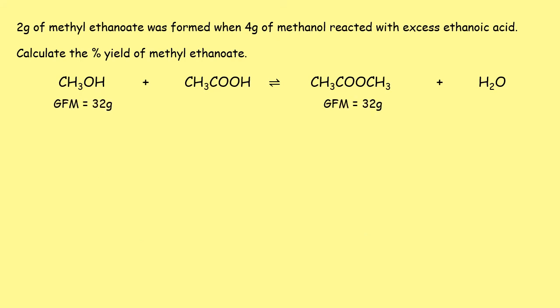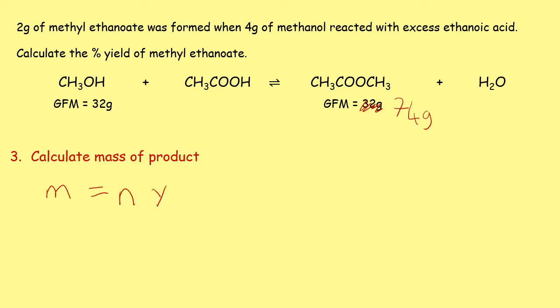Now the mass of product, these slides made a mistake. That was 74, not 32. So we're trying to work out a mass, and that's going to be our number of moles multiplied by our GFM.